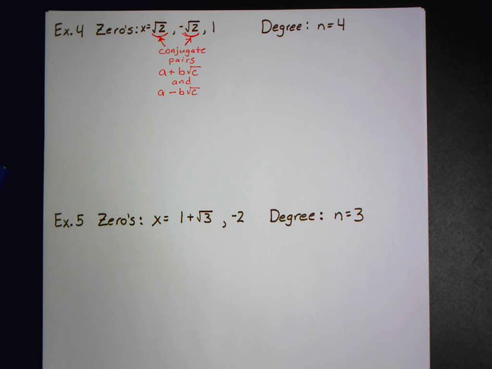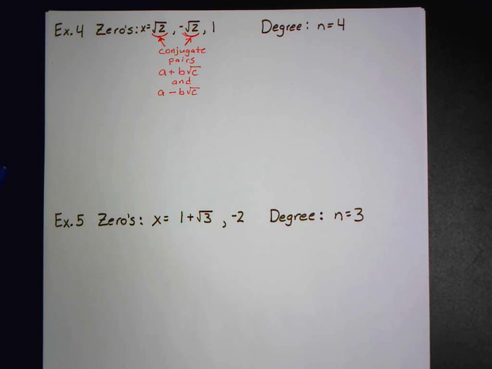So that's what conjugate pairs look like. You change the sign in front of the square root. But they always have to happen in conjugate pairs.